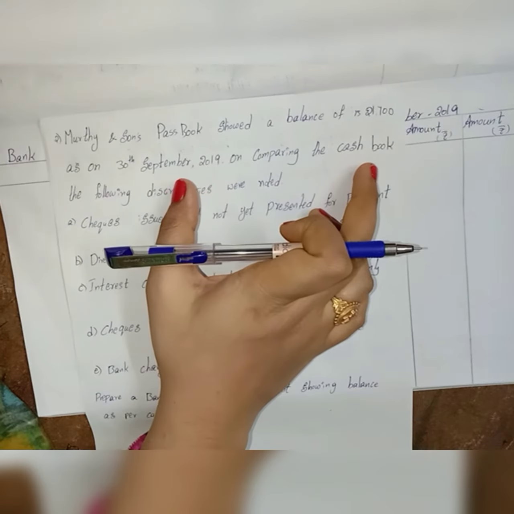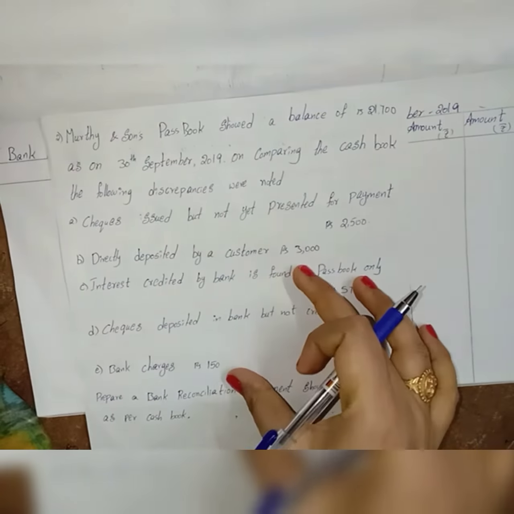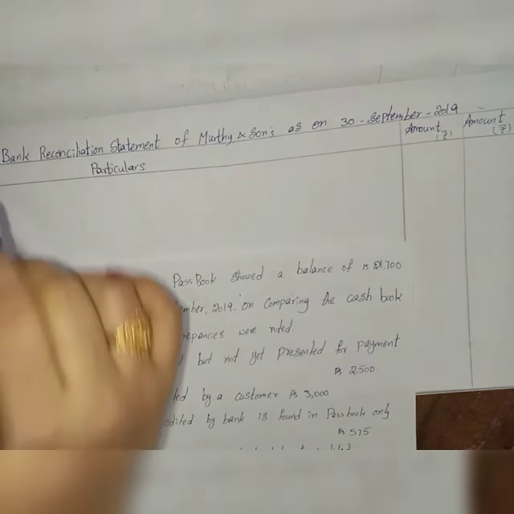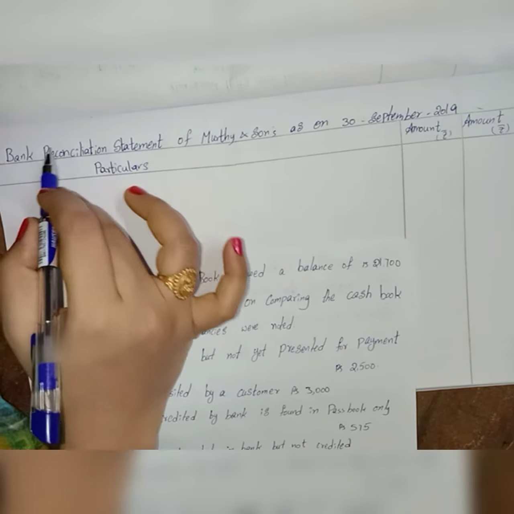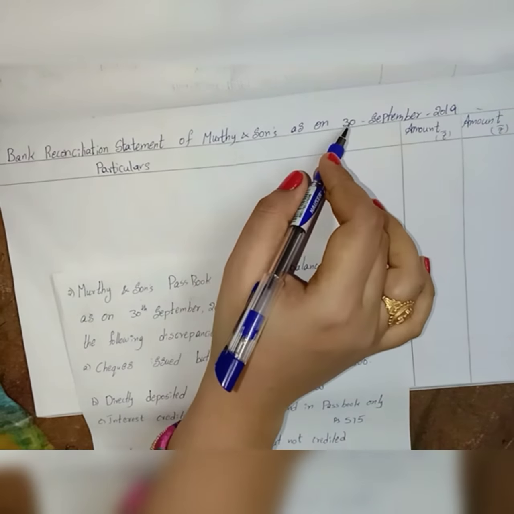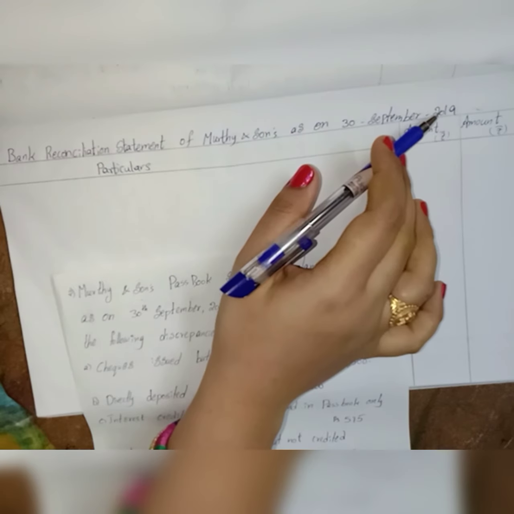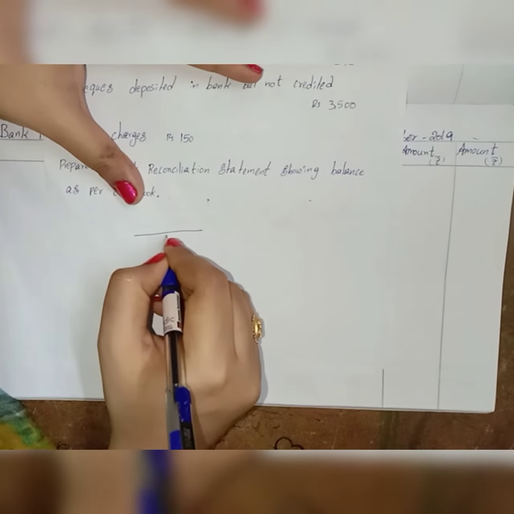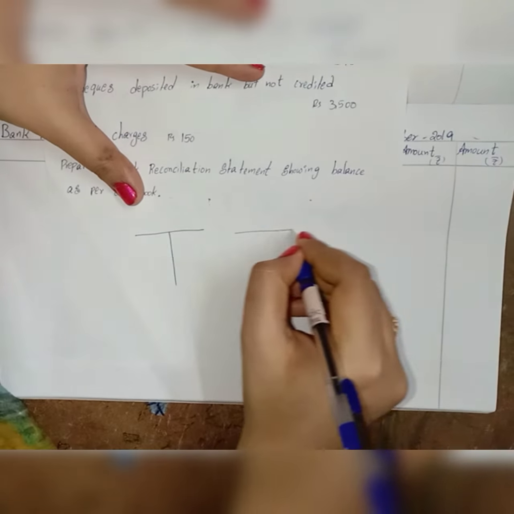Comparing to the cash book, the following discrepancies were noted. Right, so this is our pro forma, and the main heading is Bank Reconciliation Statement of Murthy and Sons as on 30 September 2019.